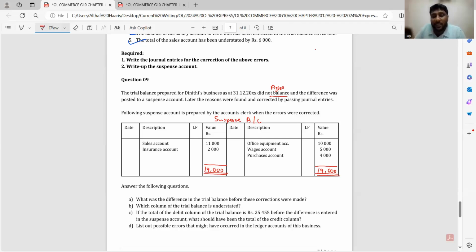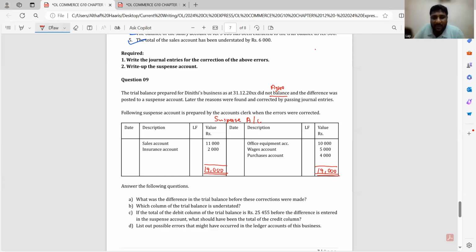That 6,000, is it the closing balance of the suspense account or the opening balance? Can it be the closing balance?